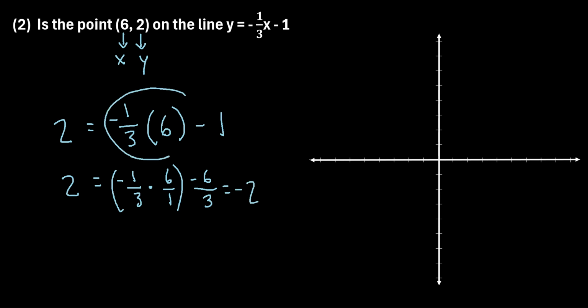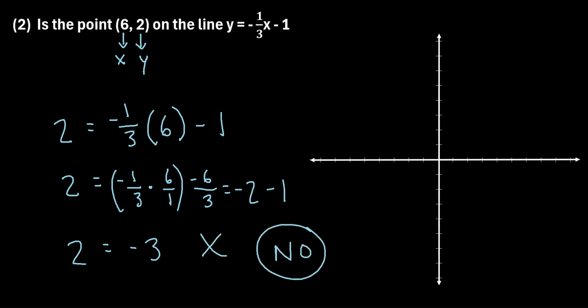So this whole portion is -2, and then we have minus 1. So then on the left-hand side, we still have 2 is equal to -2 minus 1, that's -3. So is 2 equal to -3? No. So we would say no. The point (6, 2) does not lie on the line y = -1/3 x - 1.